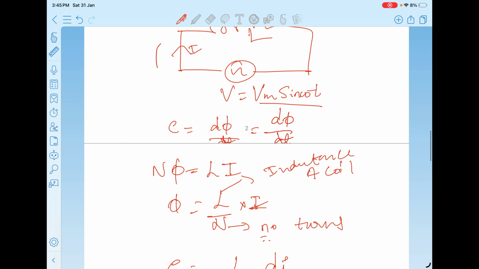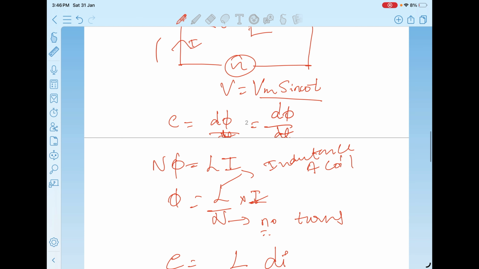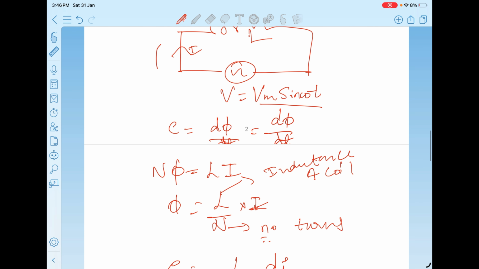This is V = Vm sin ωt. The induced EMF will also have a similar waveform, Vm sin ωt itself, to oppose it, from Faraday's law. We'll simplify this by taking the current I = Im sin ωt.